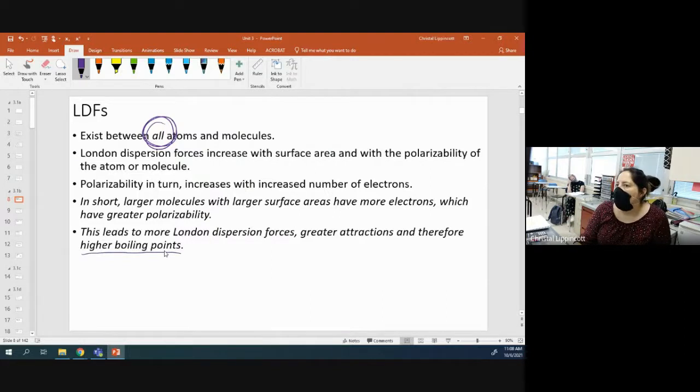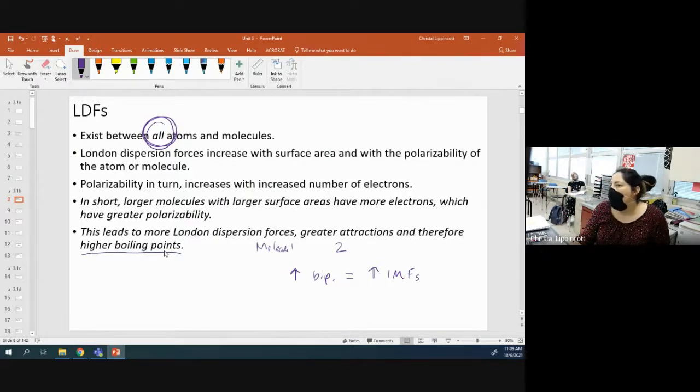If you're comparing molecule 1 to molecule 2, and this has a higher boiling point, that equals higher IMFs. The IMFs are what determines your boiling point.